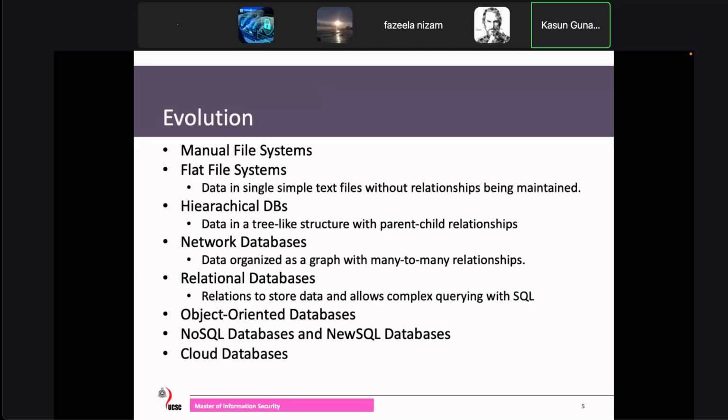Then with the arrival of computers, people got this requirement of having data in computers, so they started with flat file systems. So flat file systems are basically data in a single simple text file without any association or any link between data. So there were no relationships.